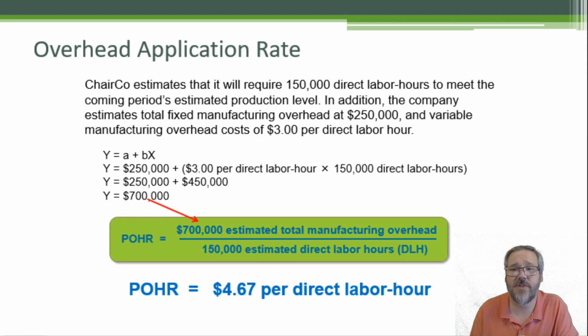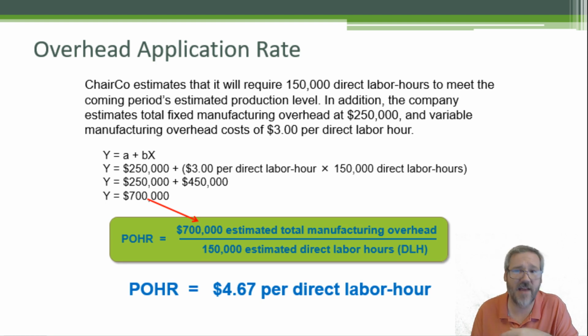In addition to these 150,000 direct labor hours, the company estimates total manufacturing overhead at 250,000. Again, that's fixed manufacturing overhead of 250,000, and I've got variable costs of $3 per direct labor hour.